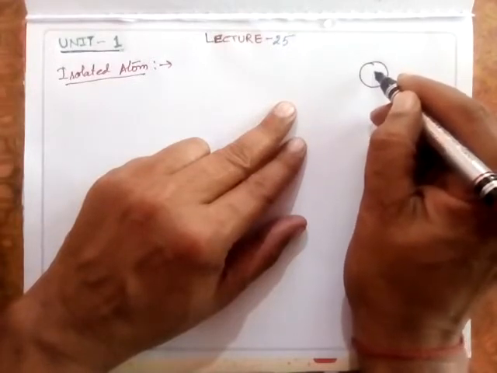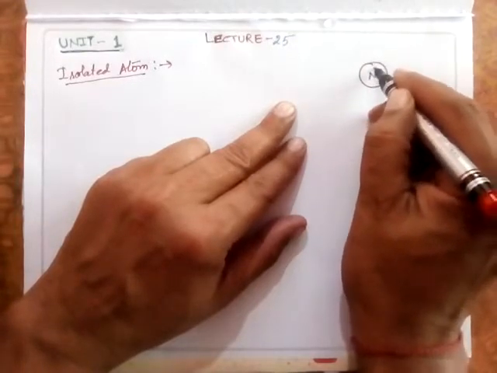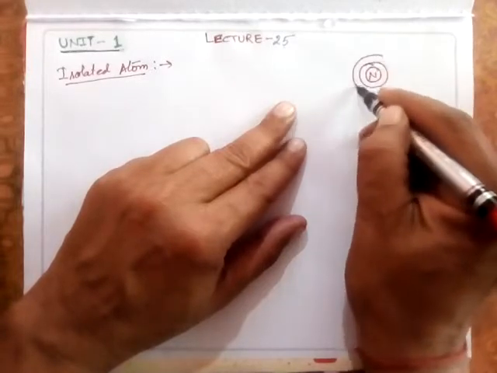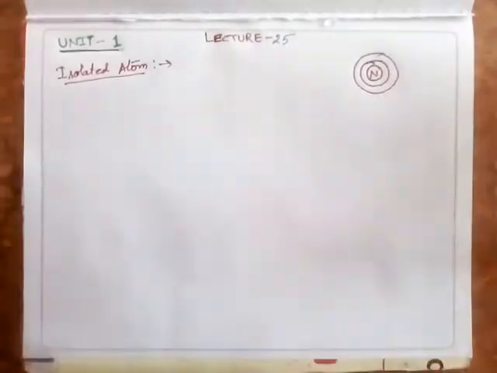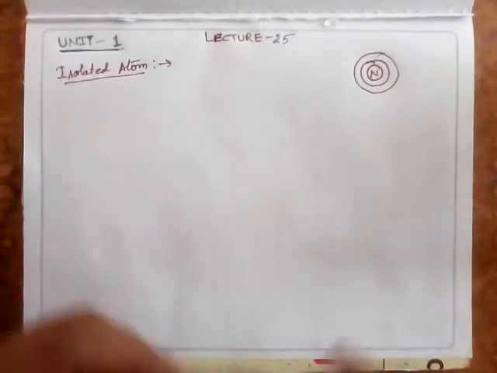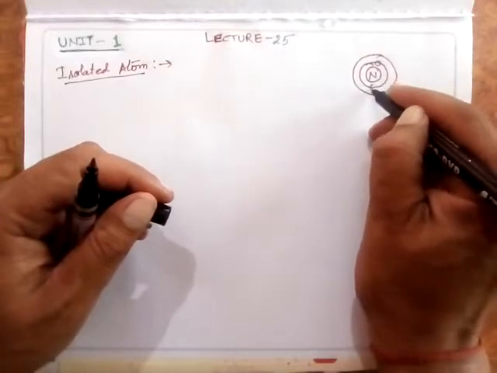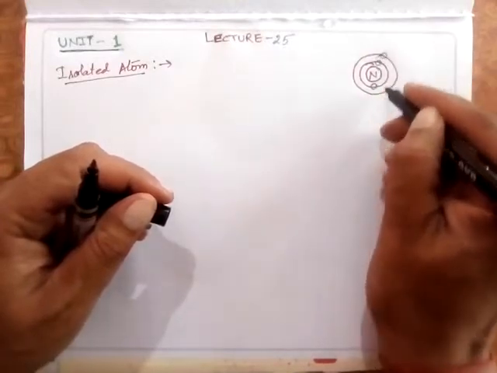Suppose I say this is a nucleus which has neutrons and protons. And then you have certain orbits here, and these orbits contain some electrons revolving around them.